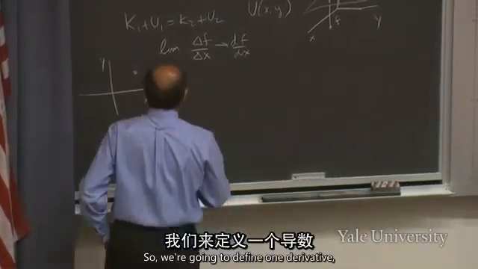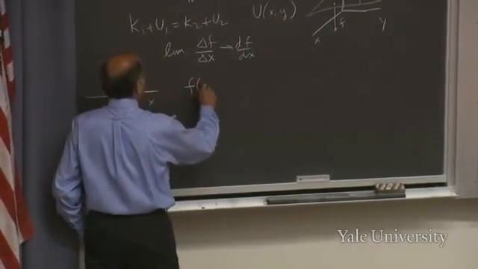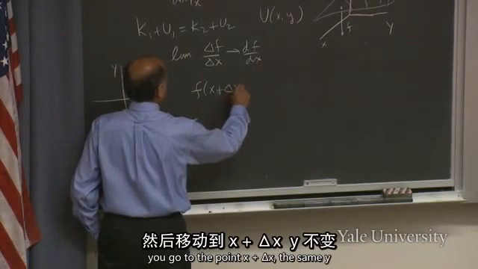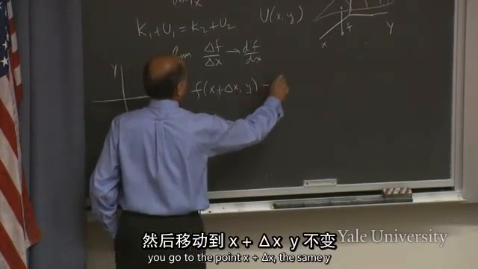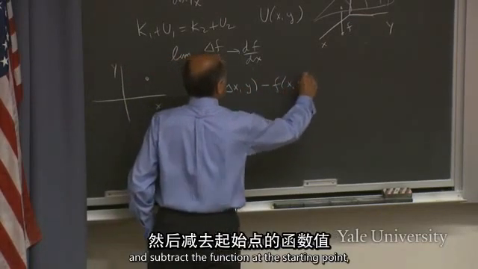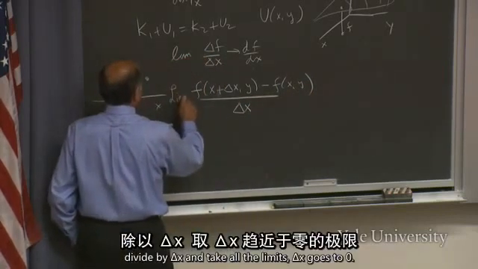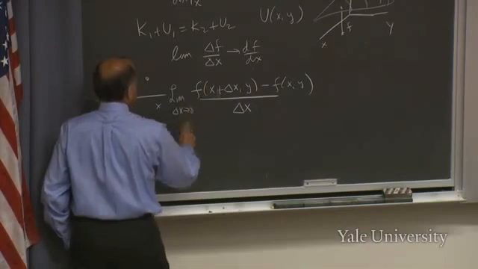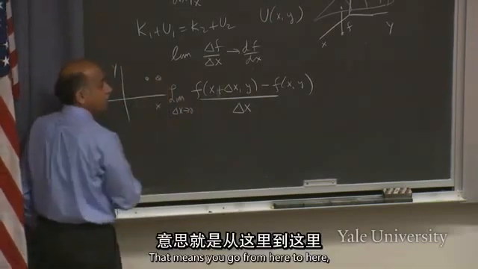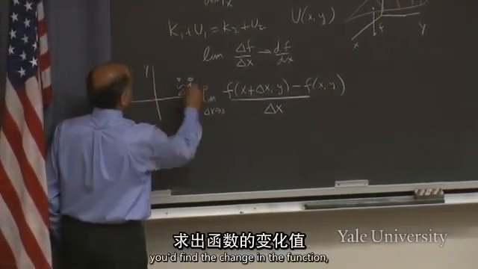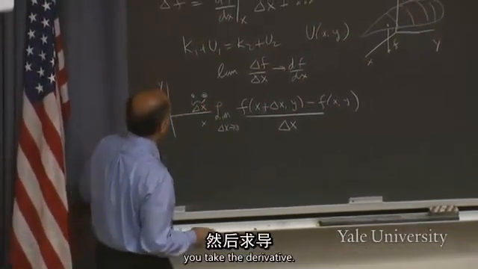So we're going to define one derivative, which is defined as follows. You start at the point xy, you go to the point x plus delta x, same y, and subtract the function at the starting point, divide by delta x, and take the limit as delta x goes to 0. That means you go from here to here. You move a distance delta x, you find the change in the function, you take the derivative.